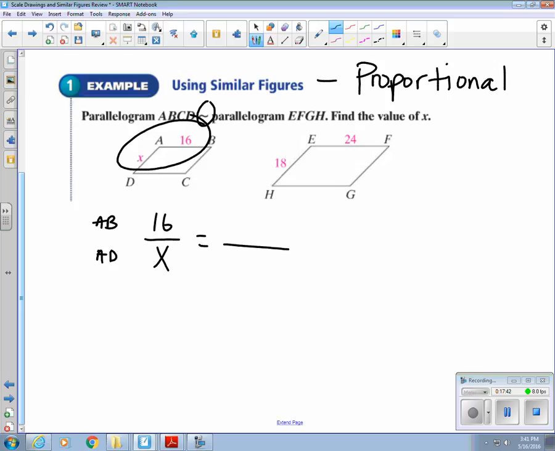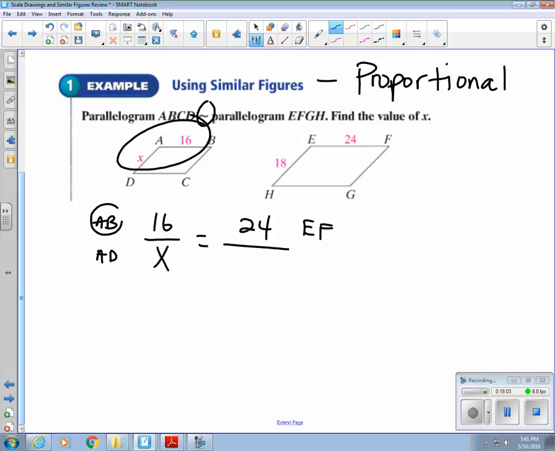So in my other ratio from the other figure, I have to find the corresponding sides. The side that corresponds with AB has to be in the top, and that is going to be EF, which has a value of 24.